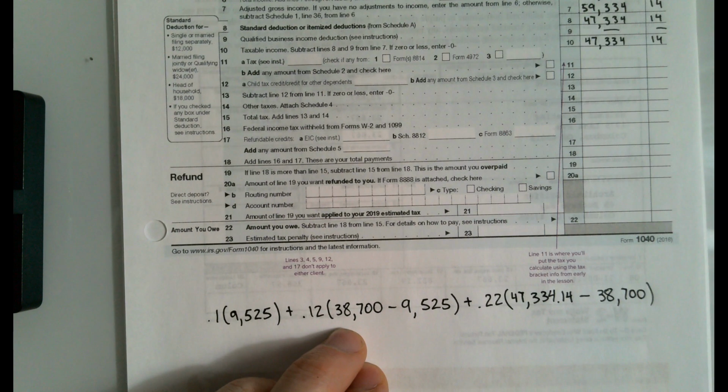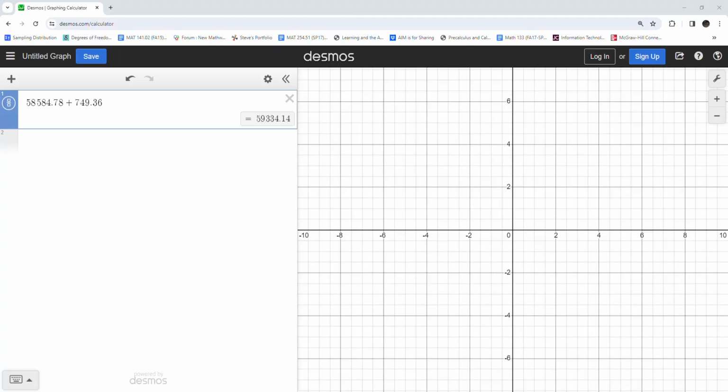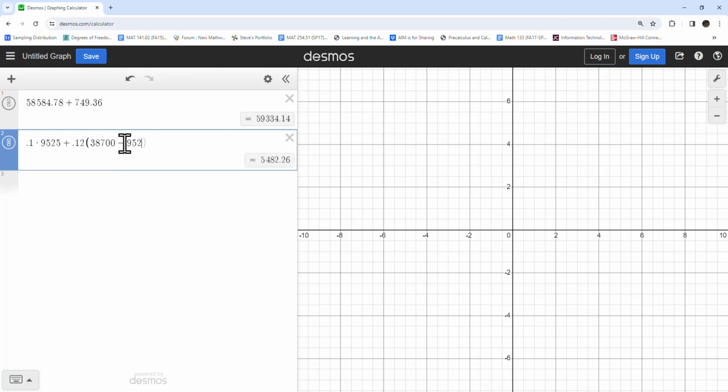That's the $38,700. Let's scamper over to Desmos and get that amount. 0.1 times 9525 plus 0.12 times the 38,700 minus 9525 plus 0.22 times 47,334.14 minus 38,700.